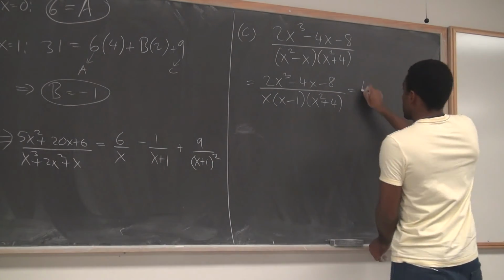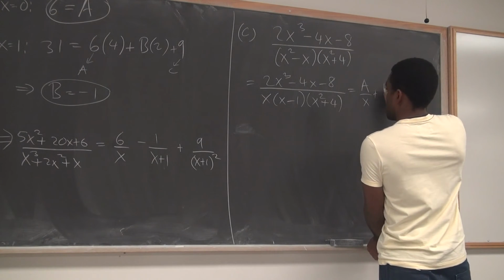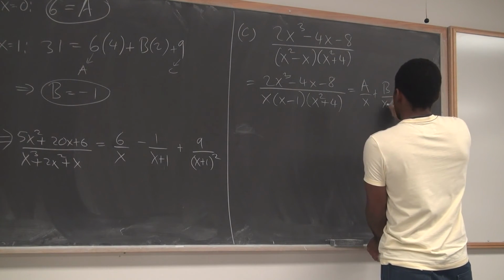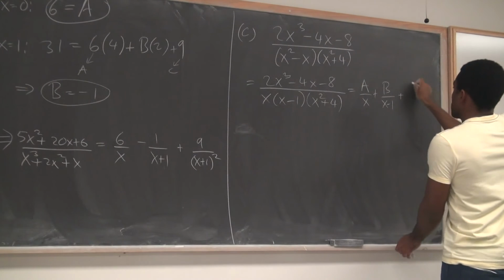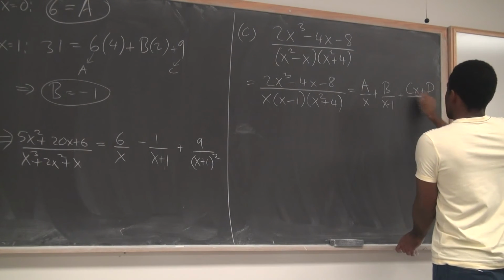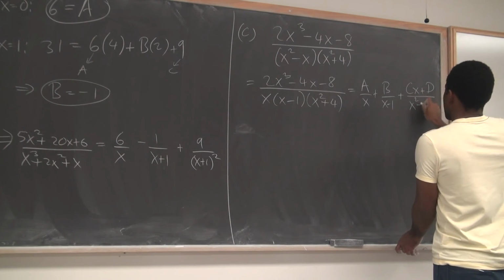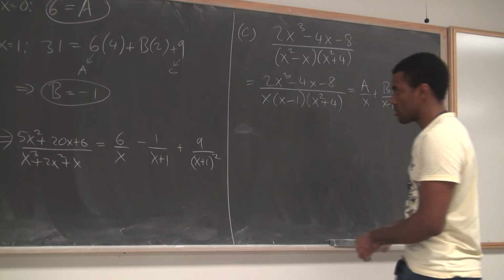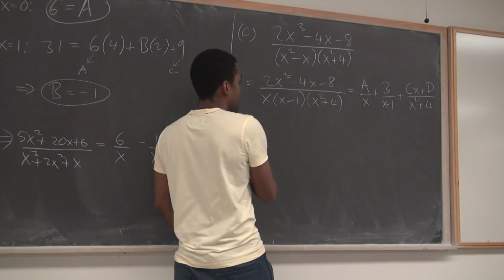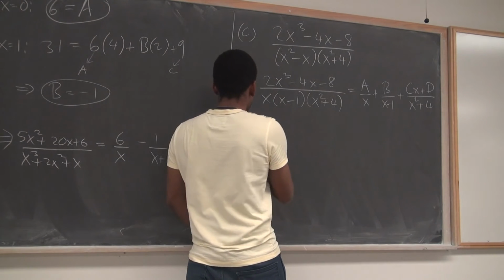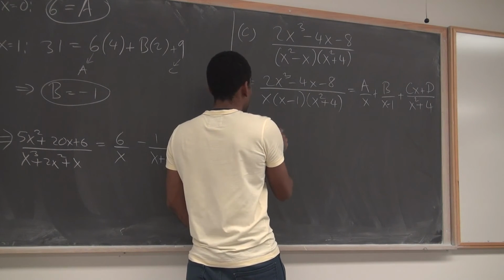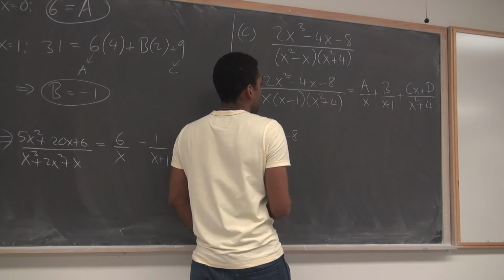A over x plus b over x minus 1 plus cx plus d over x squared plus 4. This means you multiply both sides by the denominator over here. I get 2x cubed minus 4x minus 8.